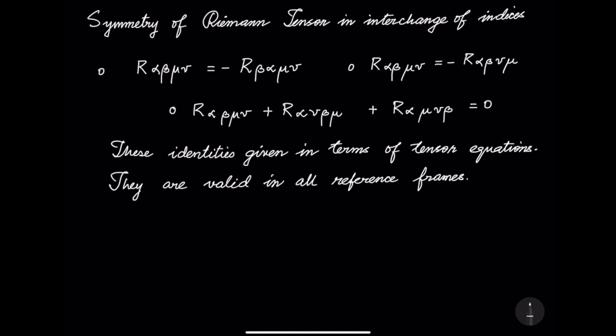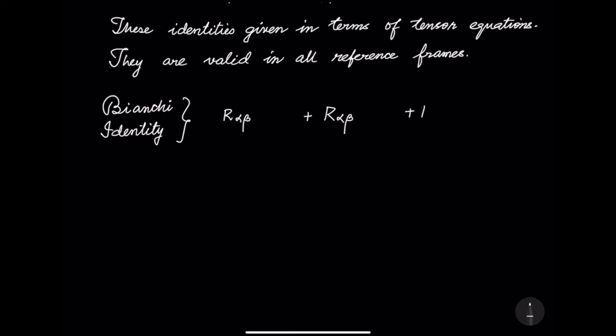And I will write down one more identity and stop for today. It's called the Bianchi identity. And I also will not prove it to you. You have to prove it by yourself. Again, you can try to prove it in the local inertial frame where it is easier to prove. So in this case, it will involve three of the R, and the first two indices will not change their place.